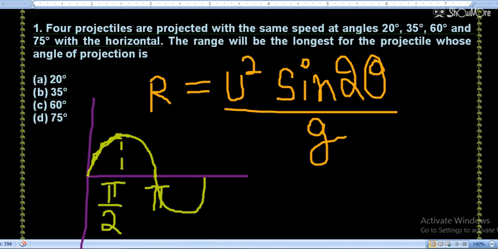So here students, you can see that sine 2 theta will be maximum near sine 90.